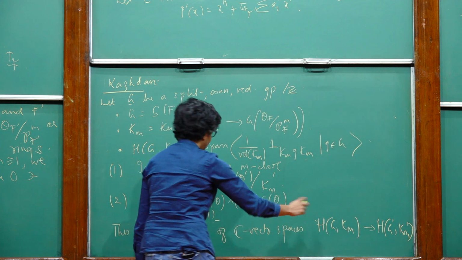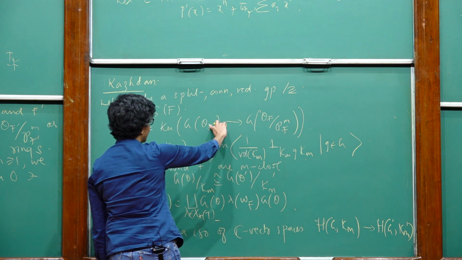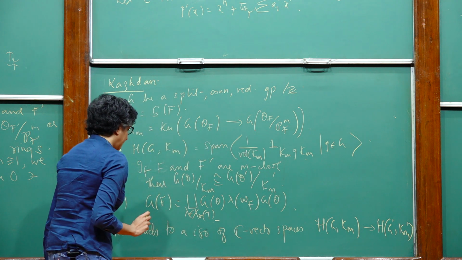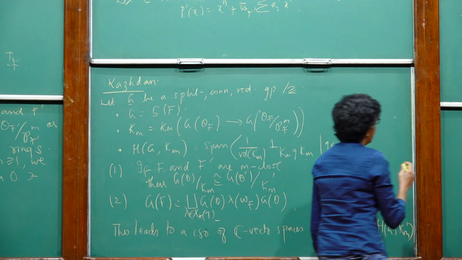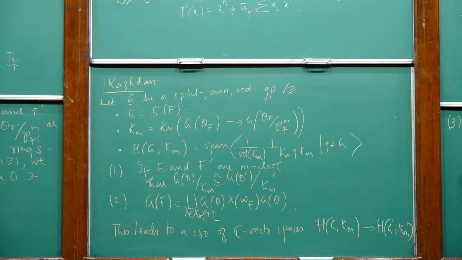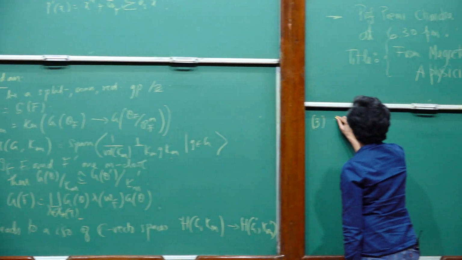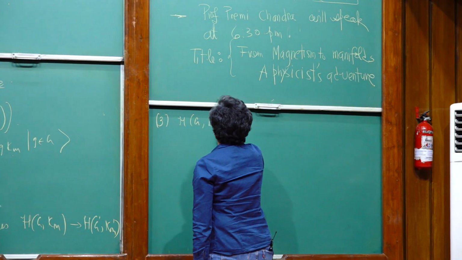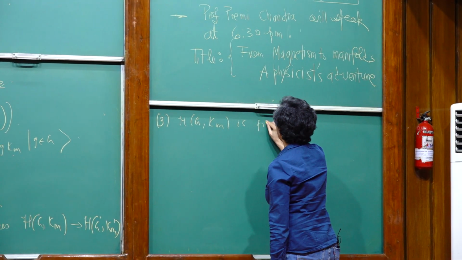I didn't say what K_m prime is. K_m prime is just the corresponding object over F prime, and then a third input here, this is due to Bernstein, is that this Hecke algebra H(G, K_m) is finitely presented.